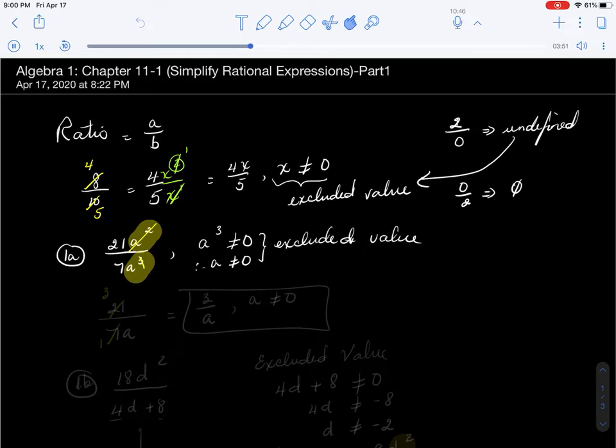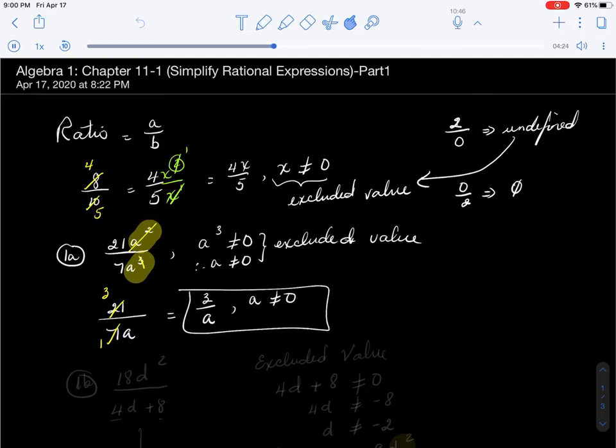So I'm going to have a simplified version of 21 over 7a. Then I look at 7 and 21, which are divisible by 7. That's going to give me 1, and that's going to give me a 3. So my final simplified fraction is going to be 3 over a, with the excluded value as a cannot equal 0.